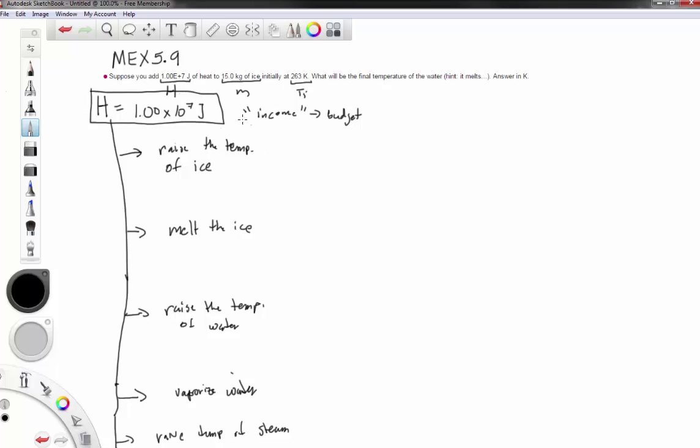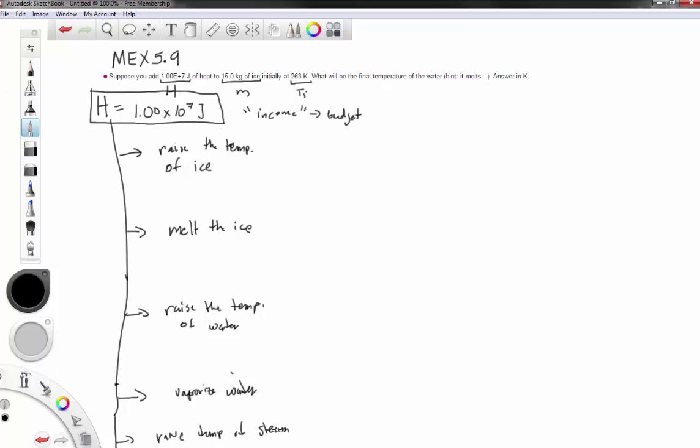So this right here is sort of your income in this analogy. These things right here are sort of like your expenses. So the slight change to the analogy is that these have to be paid in order. And I suppose that there is a certain sense in which that's true of your monthly budget as well.